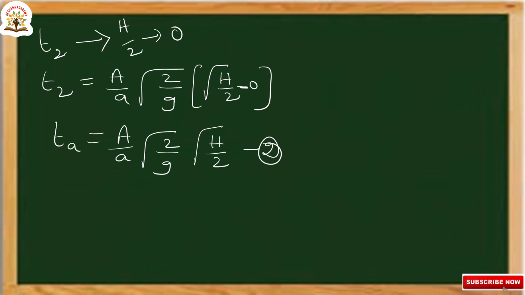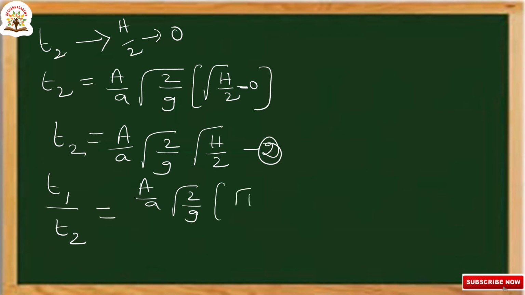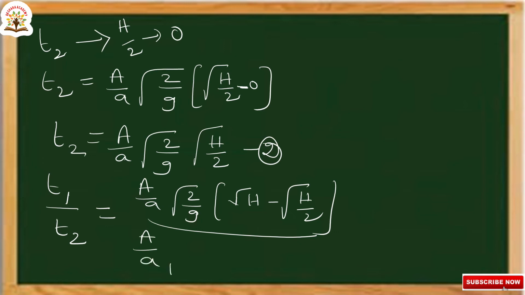Now we are finding equation 1 by equation 2, so T1 by T2. T1 is nothing but A by a root 2 by g of root H minus root H by 2, and T2 is A by a root 2 by g into root of H by 2.